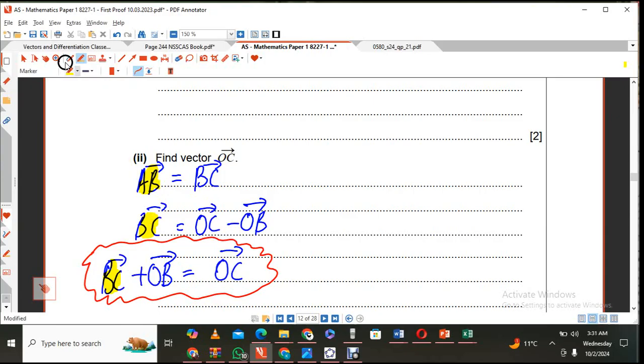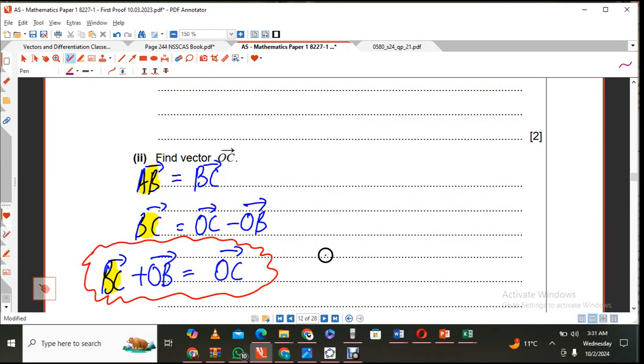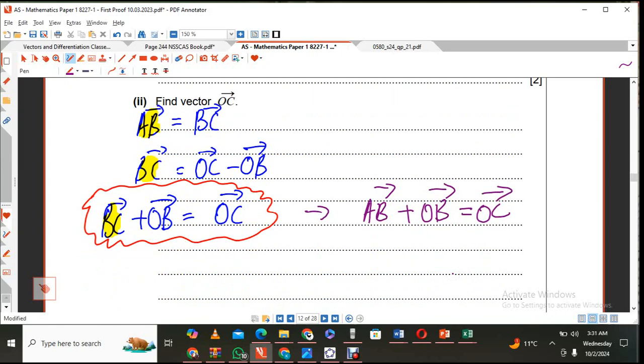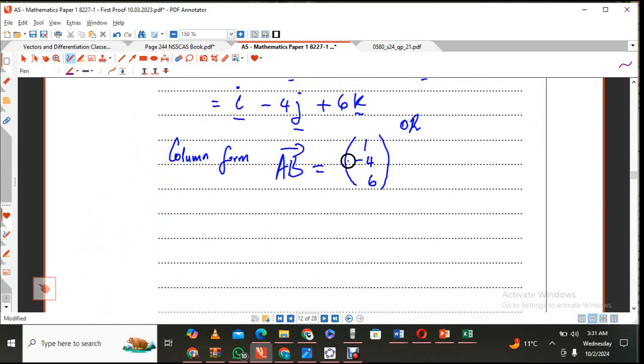So eventually I'm looking at a scenario where I have a condition from here where I say, okay, that is the same as AB, then vector AB plus vector OB should give me OC. And I do have AB and I do have OB as those vectors. So let's quickly go and see what AB is. We can write it as a column vector, so I'll do that.